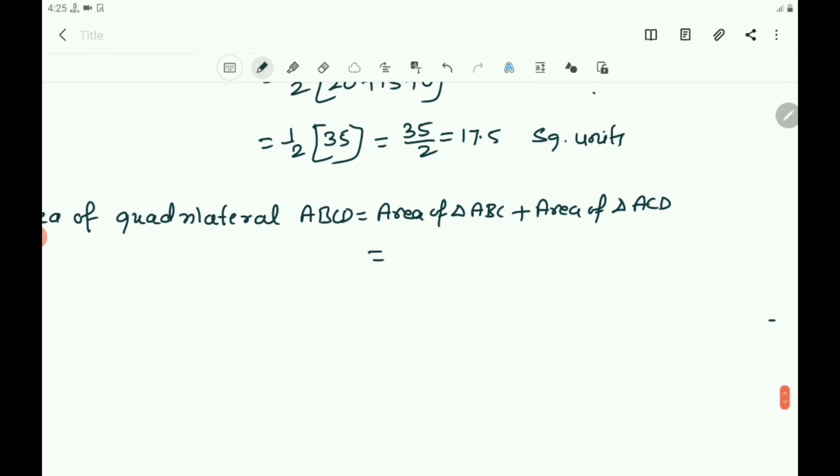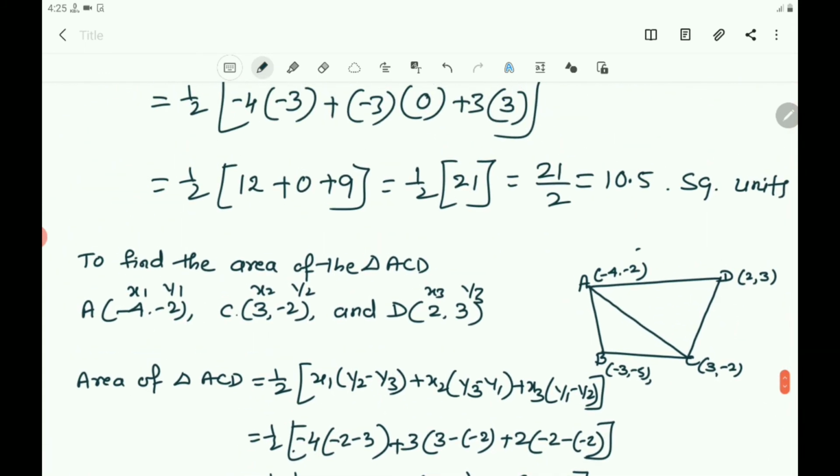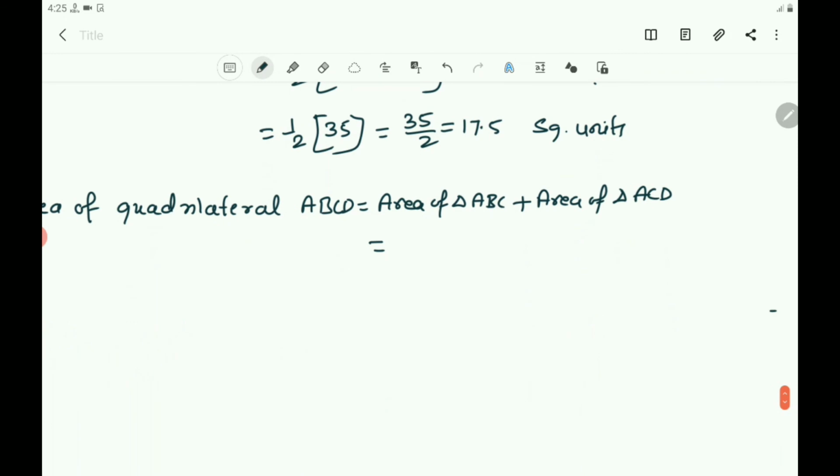That equals, what is the area of the triangle ABC? 10.5 square units plus area of triangle ACD is 17.5 square units.